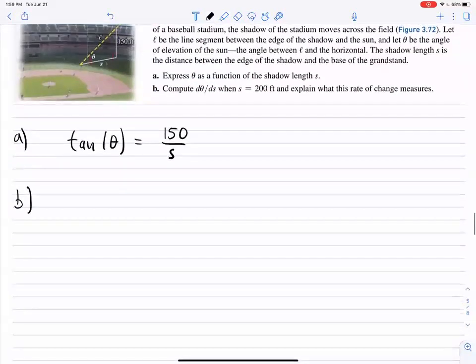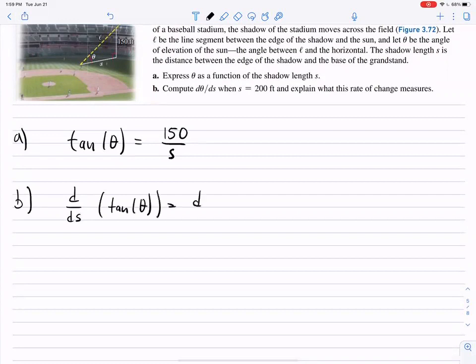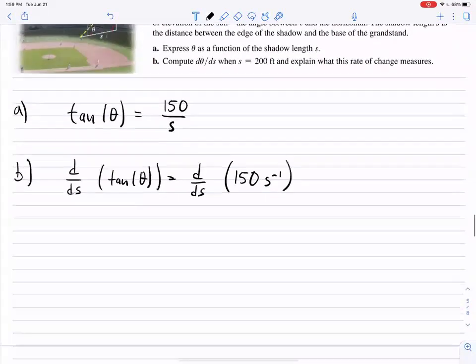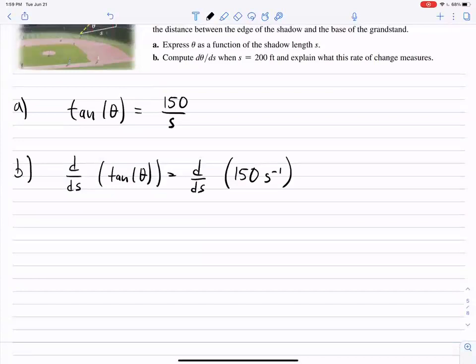And so how are we going to do that? Well, we can take d ds of both sides, right? So let's take d ds of both sides. Tangent of theta equals d ds of 150 over s. I'm going to write it as 150 s to the negative 1. To take the derivative with respect to s of this, you take the derivative of tangent.